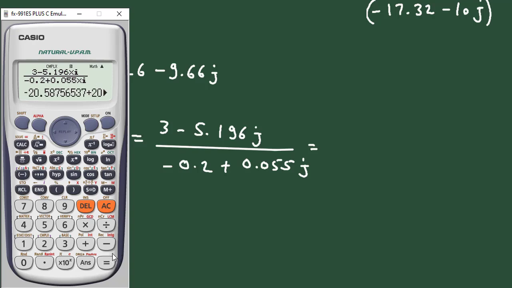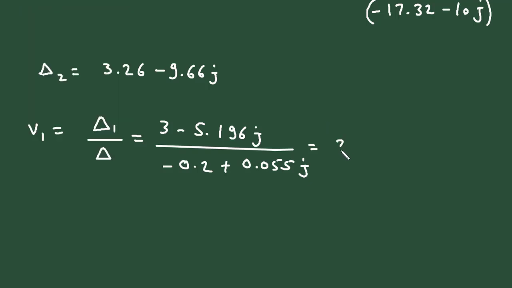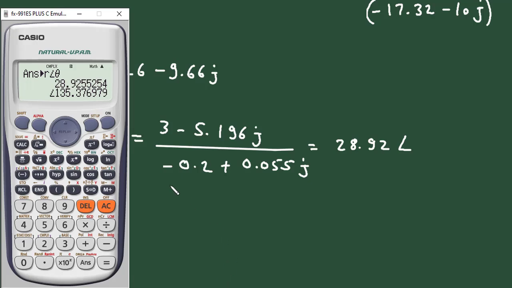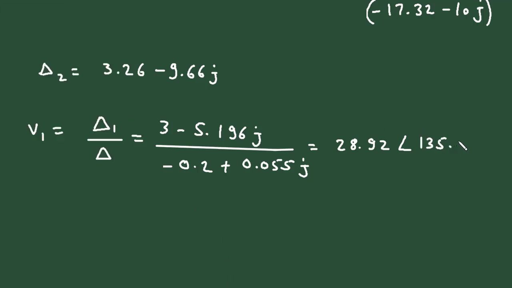It is equal to this much in rectangular form. In polar form, this will be, shift to 3, 28.92 at an angle 135.37 degree volt. So this is the answer for V1.